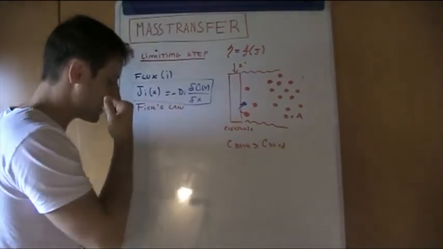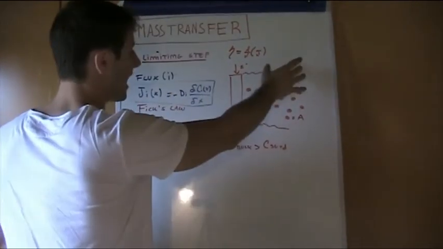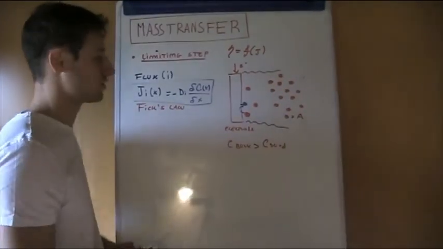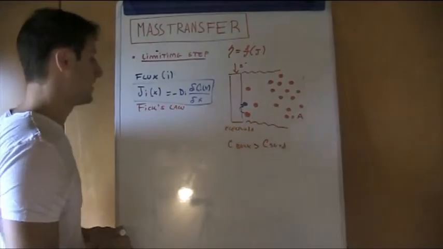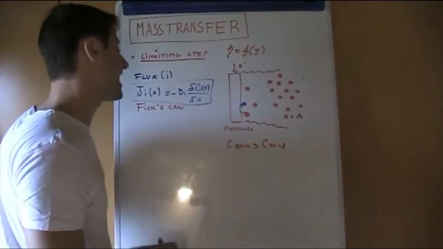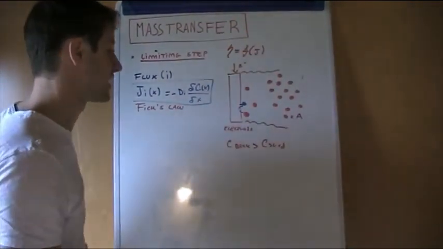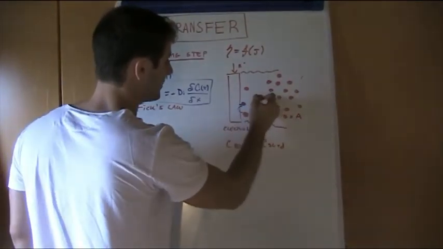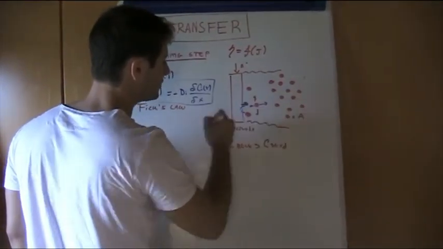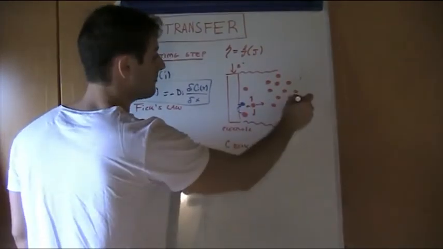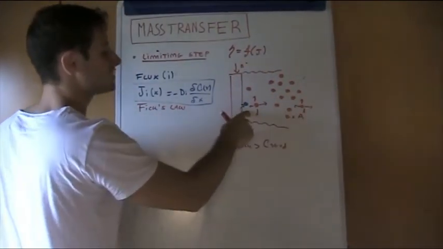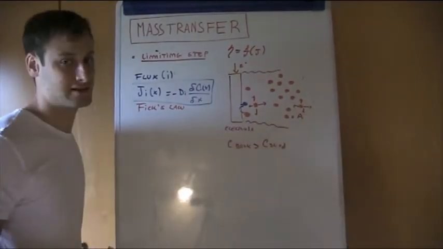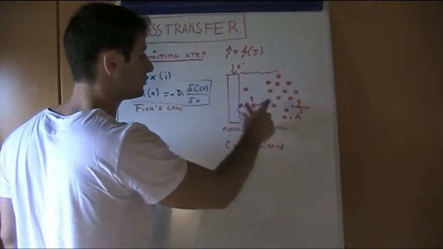So basically here we have a gradient in concentration, a higher concentration here and a smaller concentration here. And the diffusion, Fick's law, tells us that since this is a statistical process and since chemicals can migrate in each single direction, the probability of migration from this side to this side is higher with respect to the probability of migration from this side to this side.